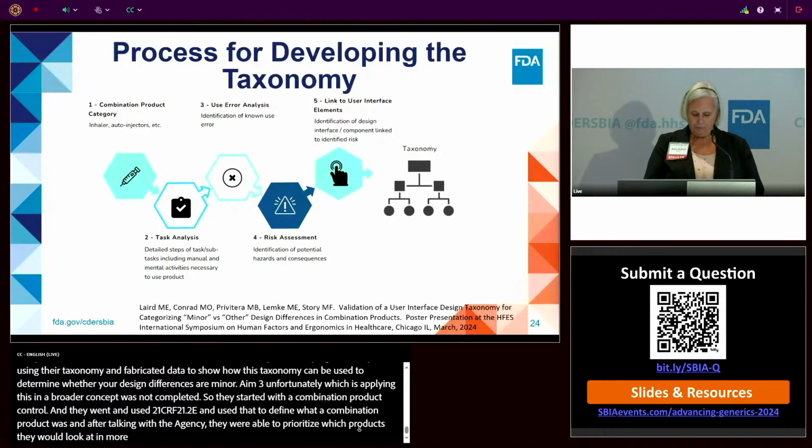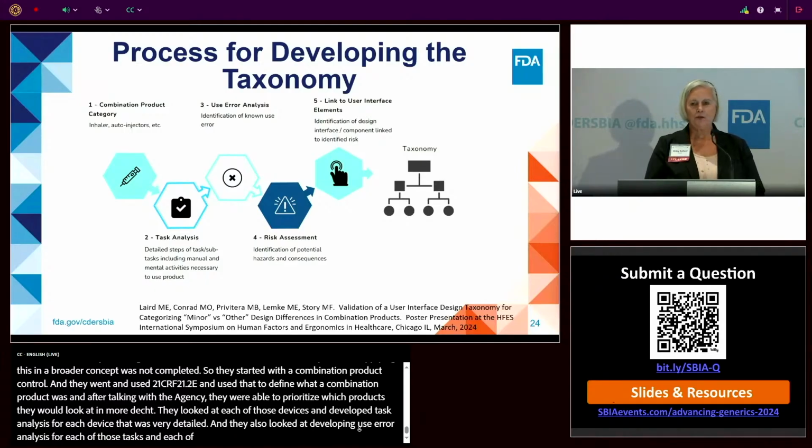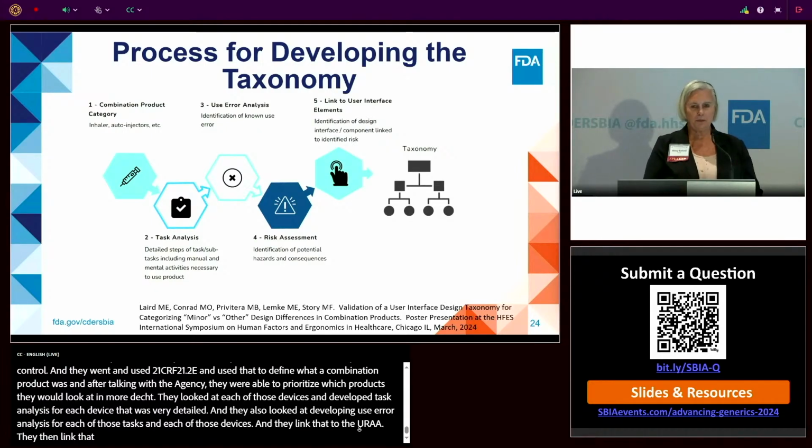They then looked at each of those devices and developed a task analysis for each device that was very detailed. And they also looked at developing use error analysis for each of those tasks and for each of those devices. And they linked that to the URRA. They then linked that risk and the task back to a specific design feature and came up with a taxonomy.